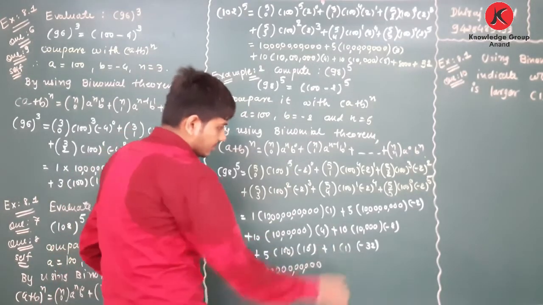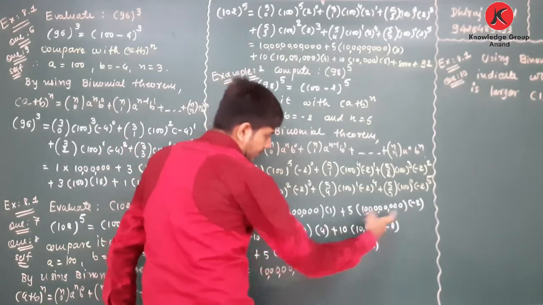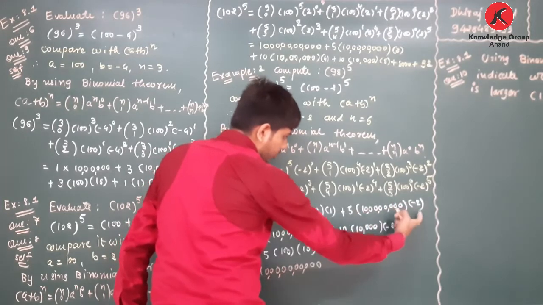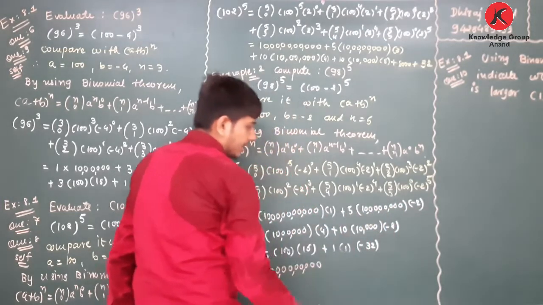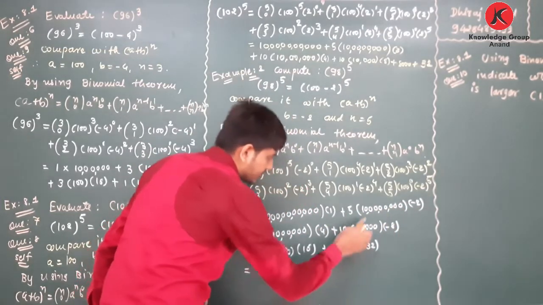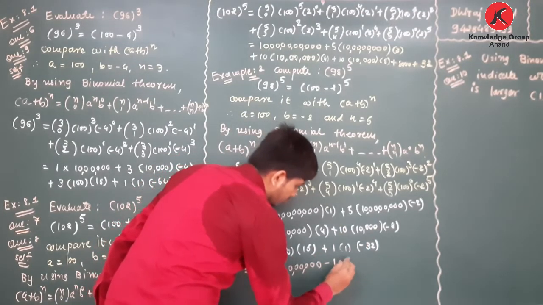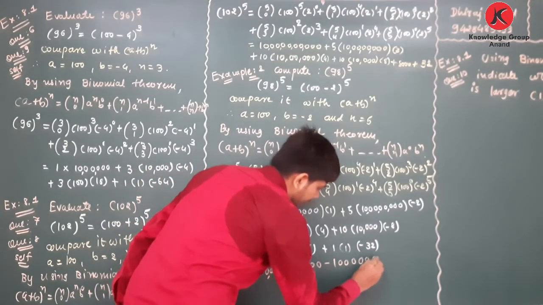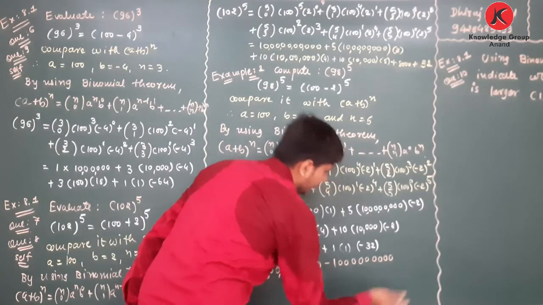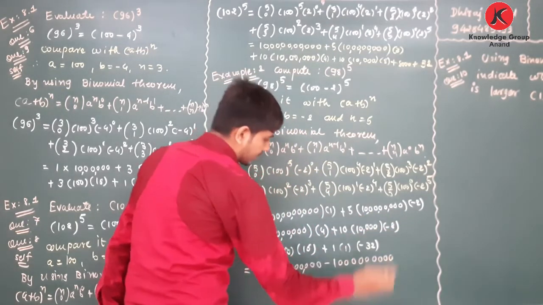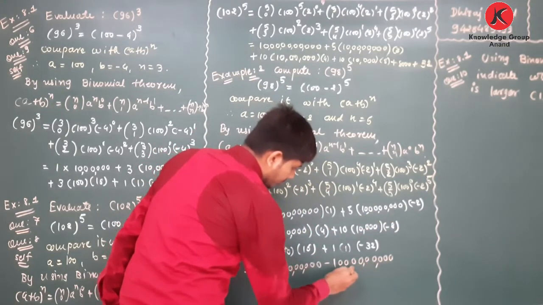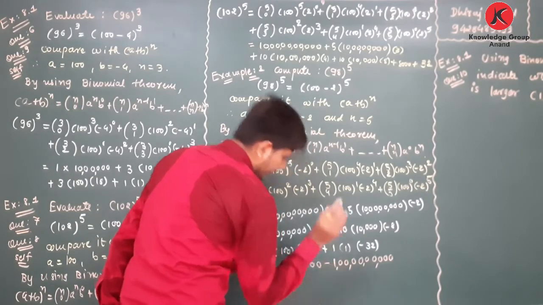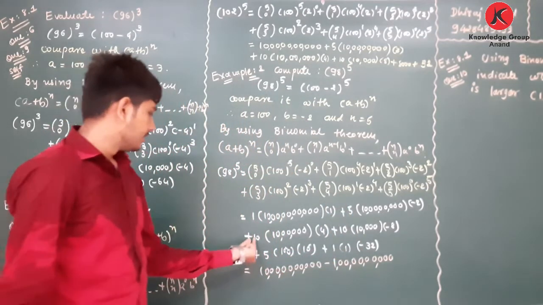Then plus and minus sign is there, therefore we have to multiply 5 by 2 to get 10, one 0 will be added, therefore we have to write minus 1 with 9 zeros. There were 8 zeros, one 0 increased. We can also write it like this.